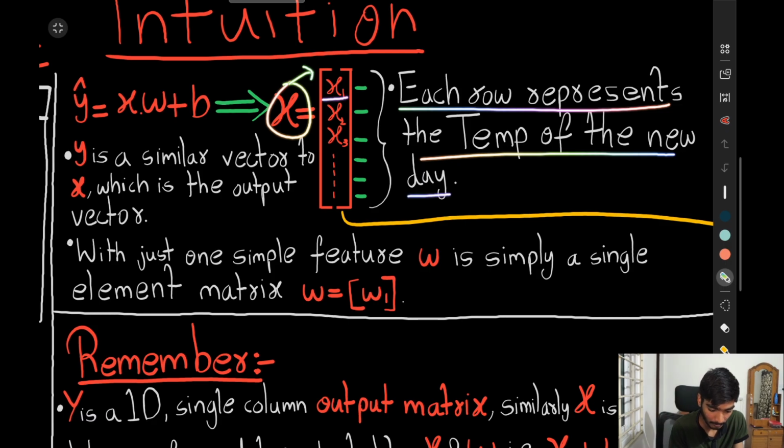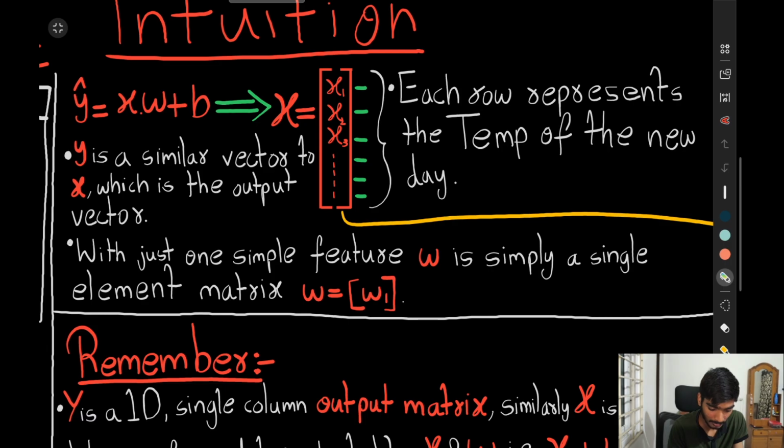This is the temperature of the first day, this is the temperature of the next day, and so on. These all represent the single input feature which we considered in the previous video for our simple regression model. And y is a similar vector to x, but it stores the output of this equation after performing the dot product and adding the bias to it.